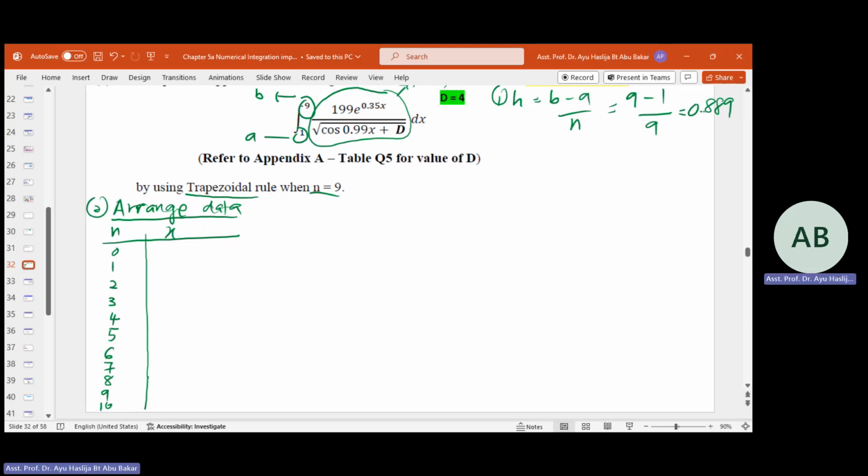Calculate your x values and your f(x) values. Remember, your range is between 1 and 9. So the first point is 1, the last point is 9. Then find the x values in between and also the f(x) values. Remember, use radian.